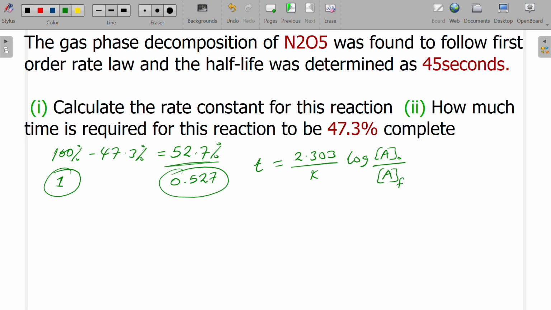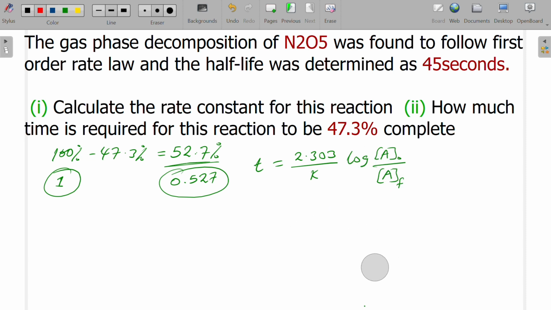So this is the formula we need. You are also at liberty to use this one that says T is equal to 1 over K, and this one uses natural logarithm. It will be natural log of A initial on top there divided by A final down here. So any of those two formulas will still help you. In this case, I'm using the first one.